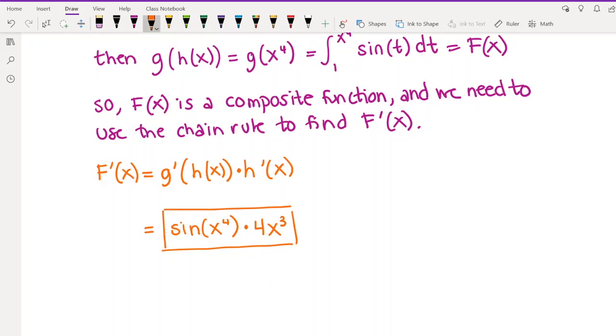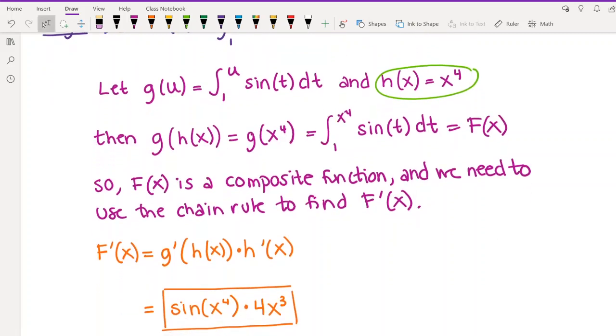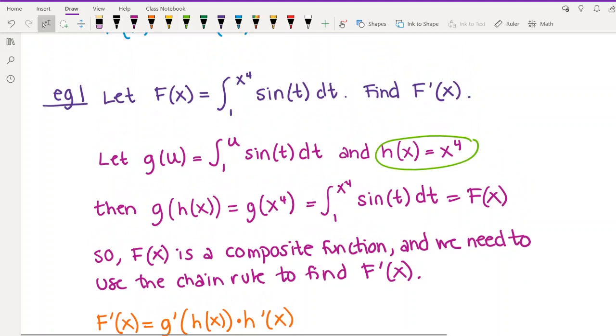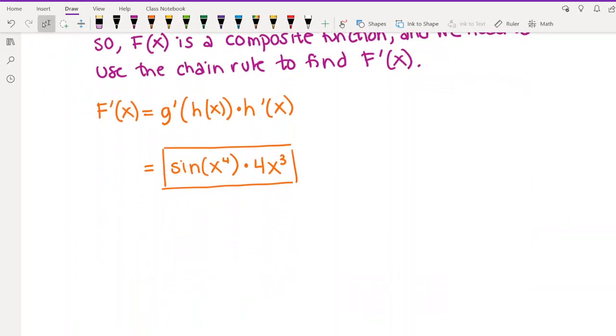And then the only extra thing is that we had to multiply by the derivative of this upper bound. So if you're looking for a shortcut and you don't want to write down all these different functions, you can basically just apply FTC, but instead of replacing the t with an x, replace it with whatever that top bound is. And then you just multiply by the derivative of that top bound, because that ended up being the inside function in the chain rule. So that's our answer.